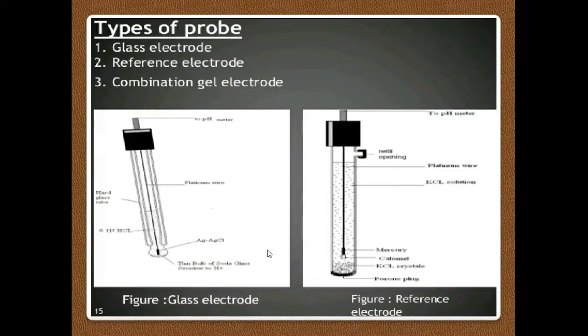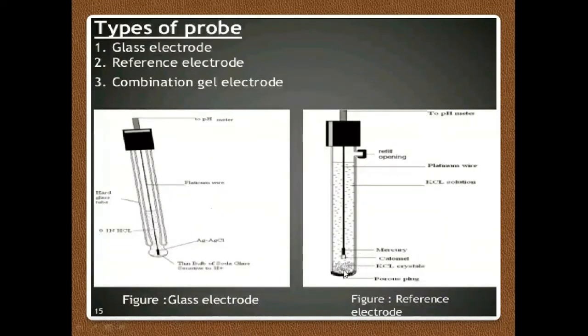The types of probes present in a pH meter are the glass electrode, the reference electrode, and third, the combination electrode. The first figure is a highly sensitive proton-sensing glass electrode, with a glass tube and a platinum wire. At the center is potassium chloride solution, with mercury and calomel.